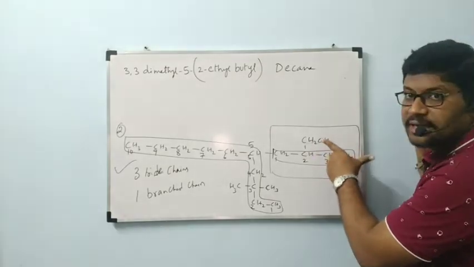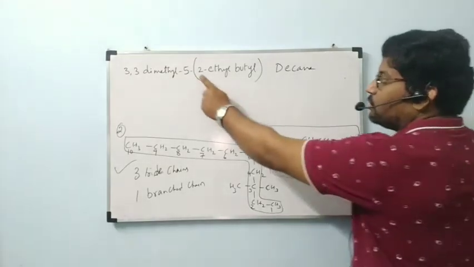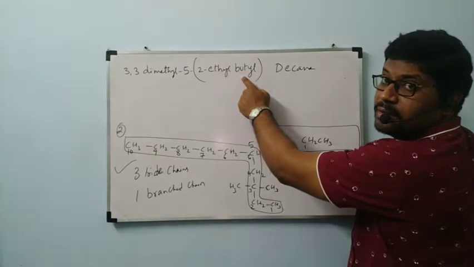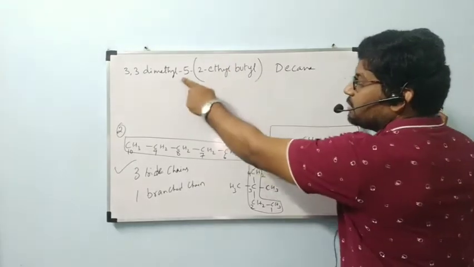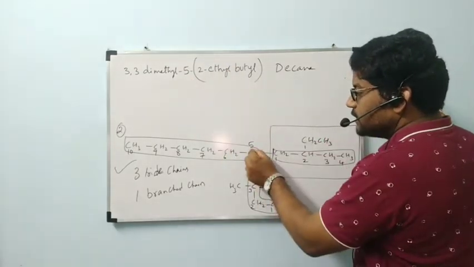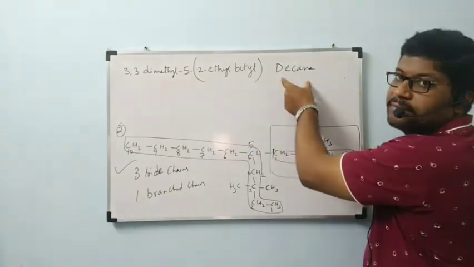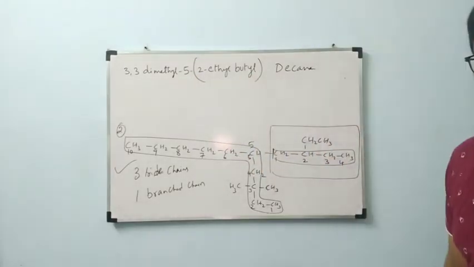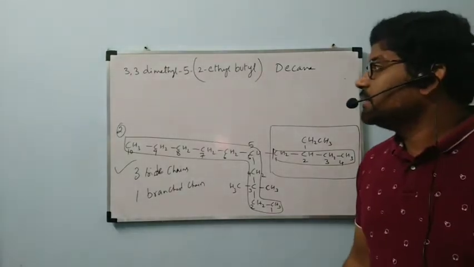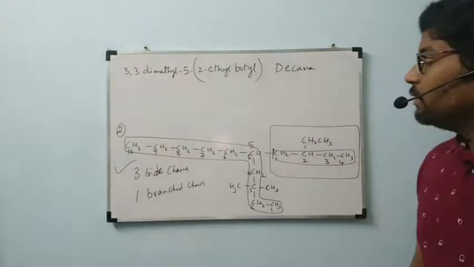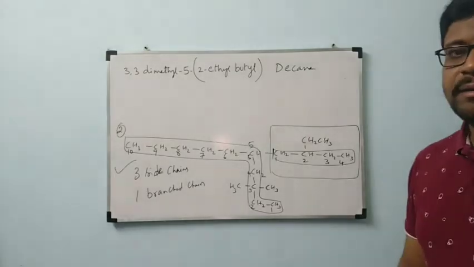Second carbon ethyl butyl, 2 ethyl butyl. This entire group is present on which carbon of the main parent chain? Fifth carbon of the main parent chain, decane. That is the name: 3, 3 dimethyl 5 (2 ethyl butyl) decane.